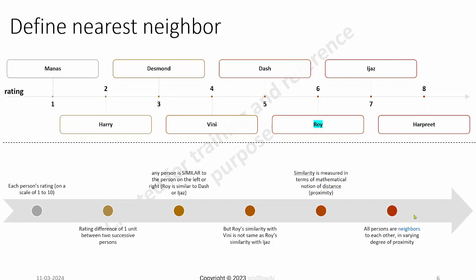So all persons are neighbors; in effect, the entire domain is neighbors, but some of them are nearest to a particular one. That's the idea of the nearest neighbor.